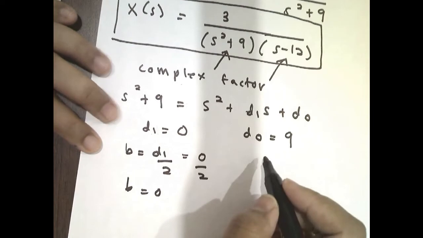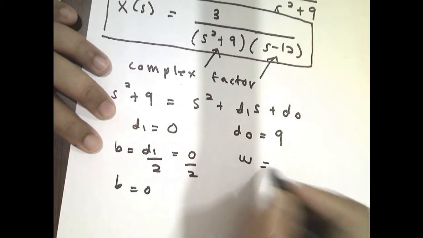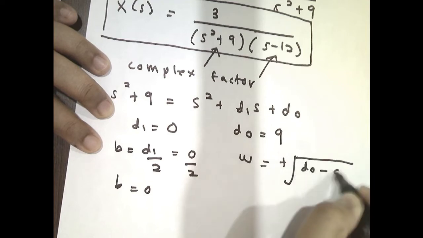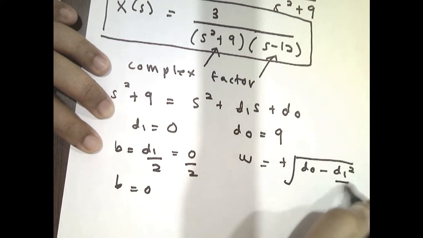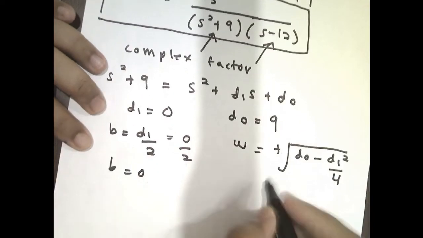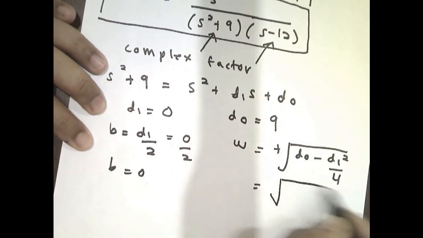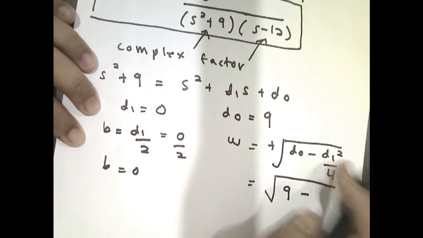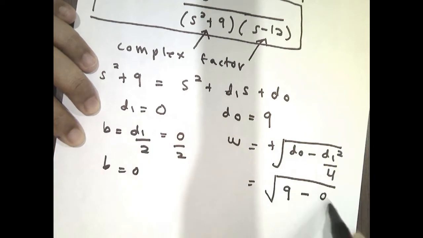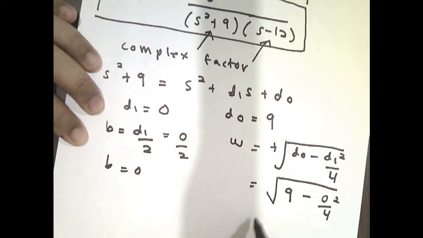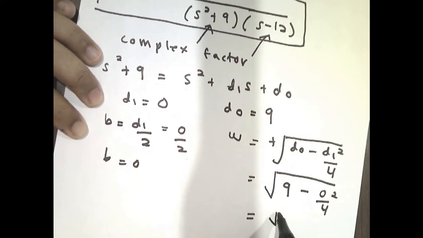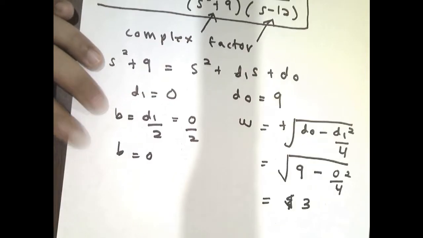And then the other one is w. The equation is the square root of d naught minus d1 squared over 4. So we substitute d naught equal to 9: 9 minus d1, which is 0, over 4. So what is the answer? The answer is 3.